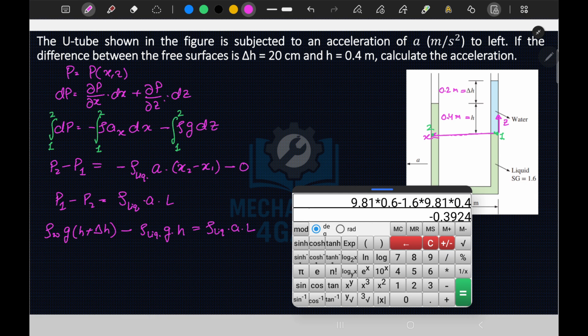This term becomes this, and now divided by 1.6 and divided by L, that is 0.5.